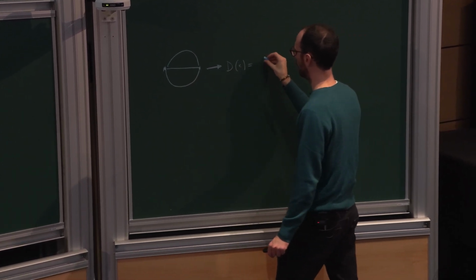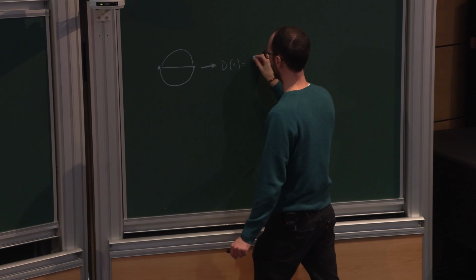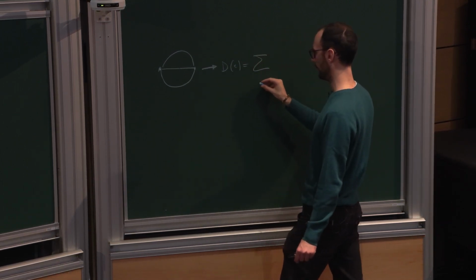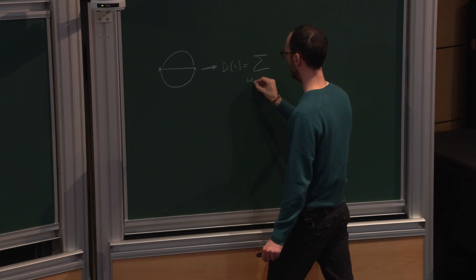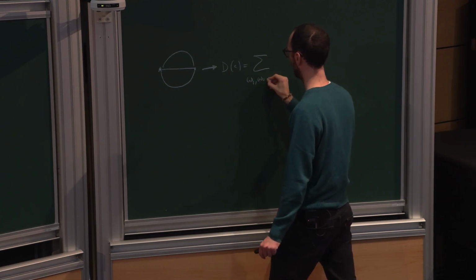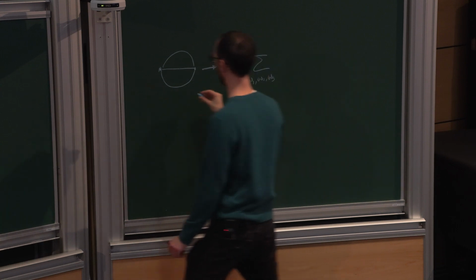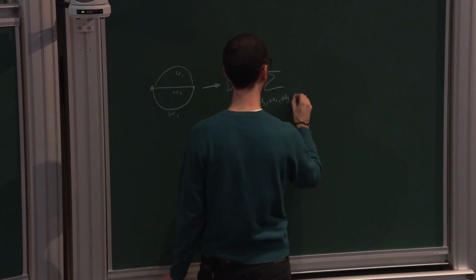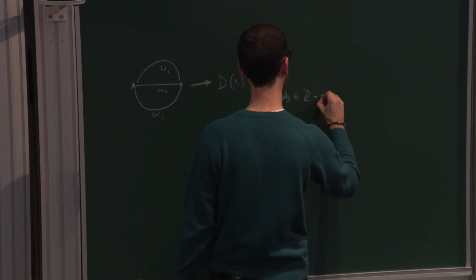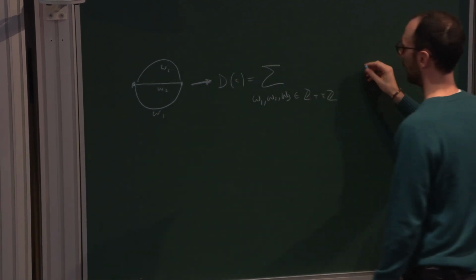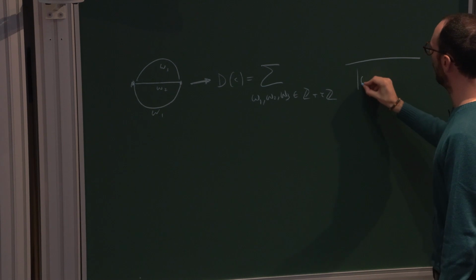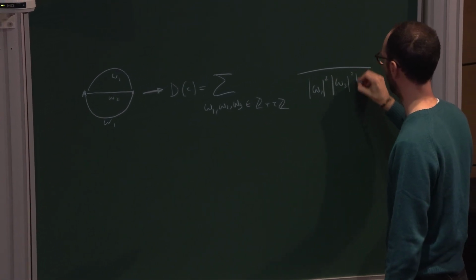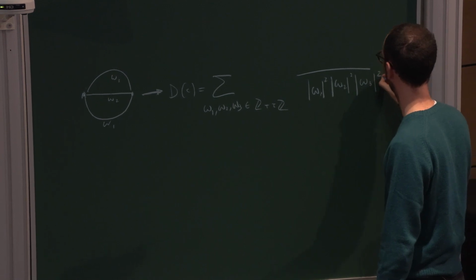So you do a sum over omega 1, omega 2, omega 3, which correspond to the edges, but which are now elements in this lattice. Then you have the absolute value of omega 1, absolute value of omega 2 squared, absolute value of omega 3 squared.